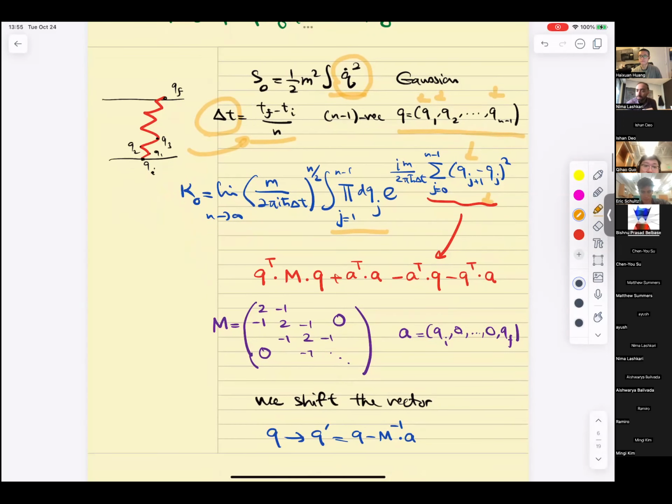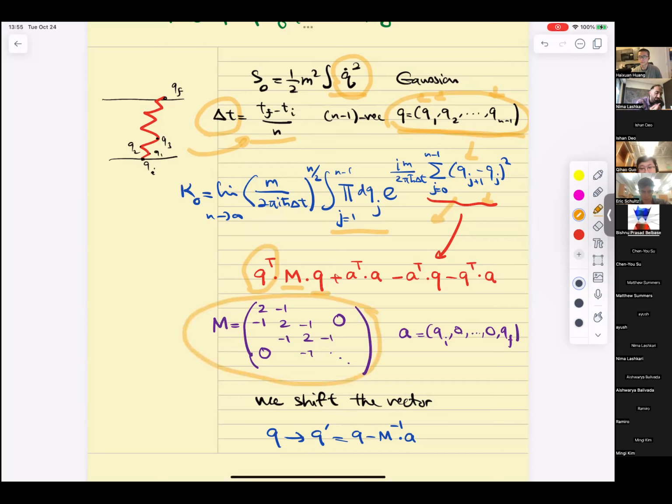This calculation looks very, very close to the calculation of lecture 2, when we were talking about particles on a lattice modeled by a bunch of springs attaching them. If you look at this action, because we introduced this vector, you could write it as Q transpose M Q, some matrix M. And the matrix is something like this.